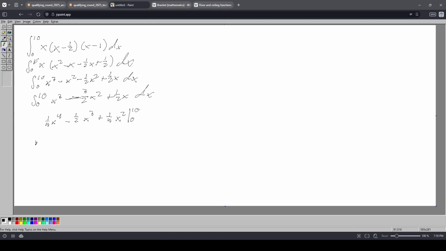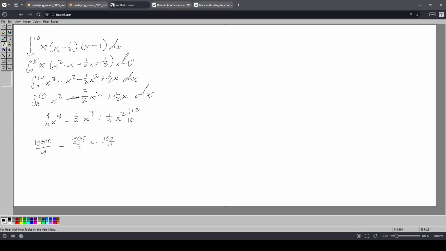So we get a 1 followed by 4 zeros over 4, minus a 1 followed by 3 zeros over 2, plus a 1 followed by 2 zeros over 4, and then we just add them together.